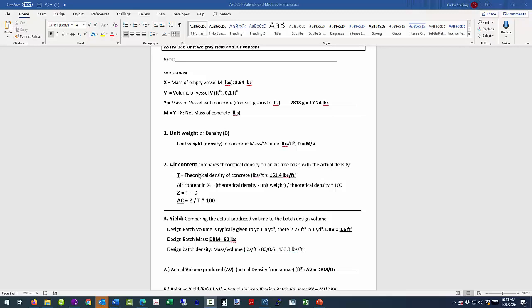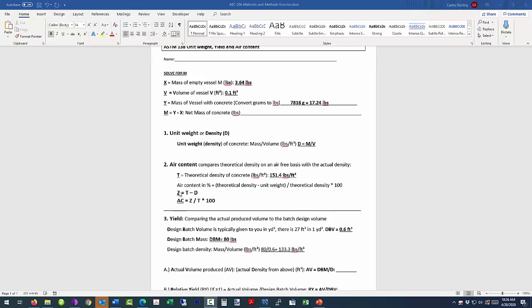Next you're going to do air content. T is solving for theoretical density, and there's your number for T. Your air content will be in percentages, so it's theoretical density minus unit weight, divided by theoretical density, times 100. We've broken this down into two individual mathematical problems.